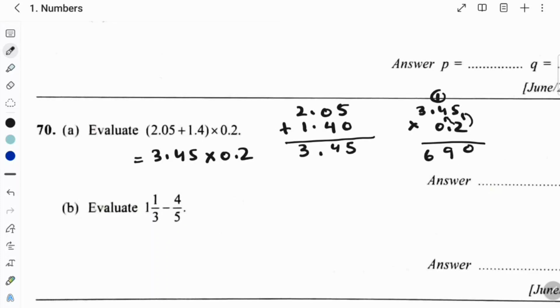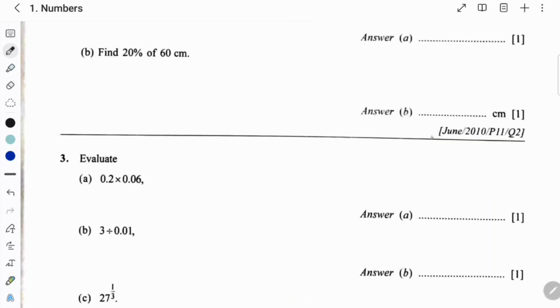So 690. How many decimal places do we have in this question? We have 2 decimal places here, and 1 decimal place. 4 and 5 are the numbers which are coming after the decimal, so altogether 3 decimal places. So 1, 2, 3, 0.690 is the answer for this question. Or you can write down 0.69.